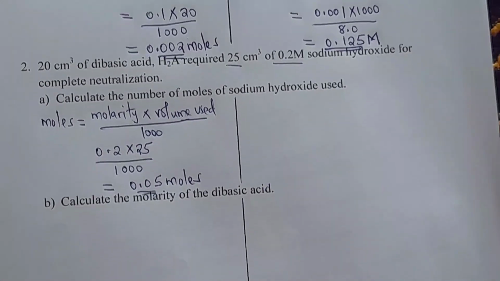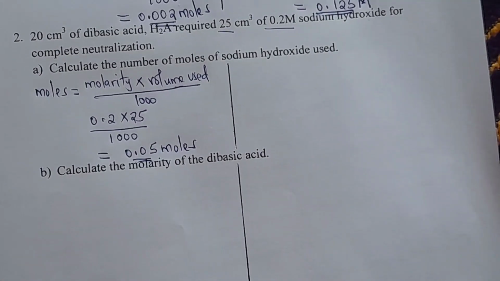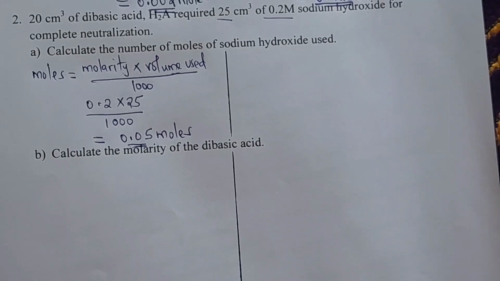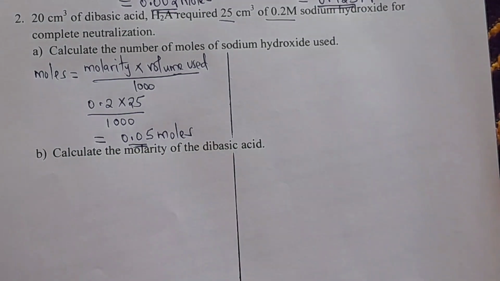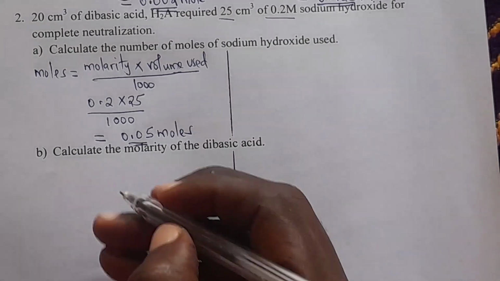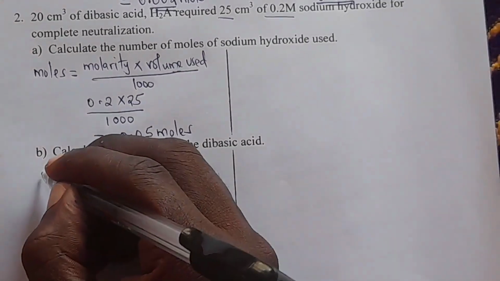So next, part B, we are asked for the molarity of the dibasic acid. If we need the molarity of the dibasic acid, the steps were, first of all, I have to get the number of moles of the sodium hydroxide, which I've gotten here. The next step, I have to write the reaction between the standard solution and the analyte. So the standard solution here is sodium hydroxide solution.